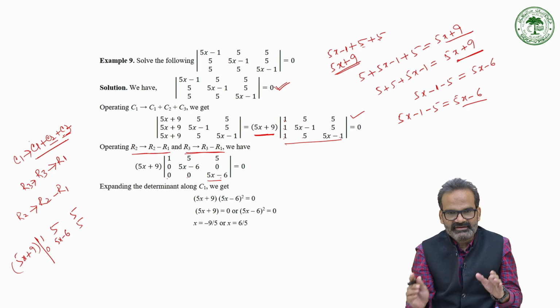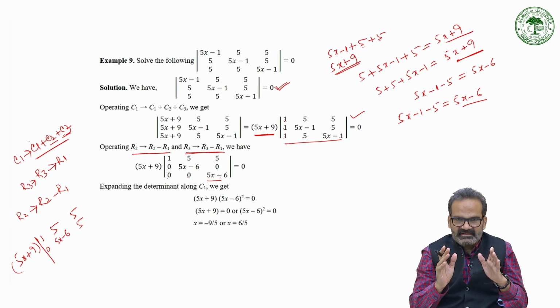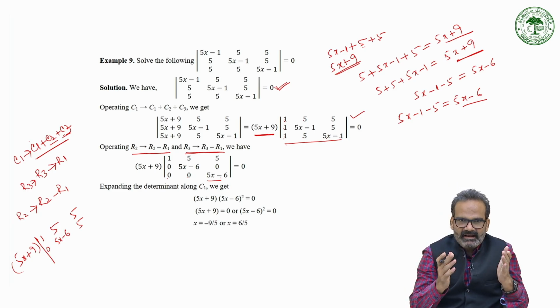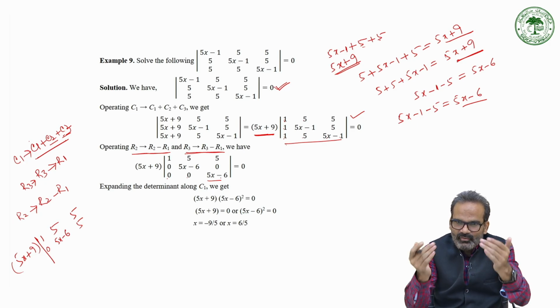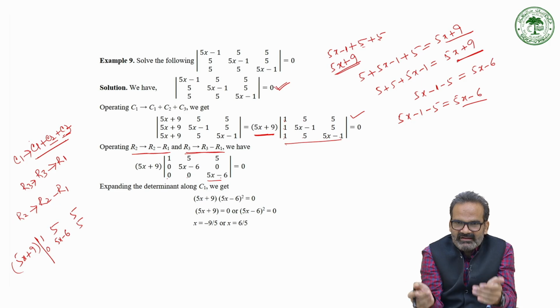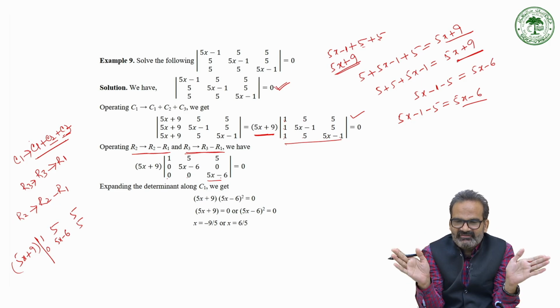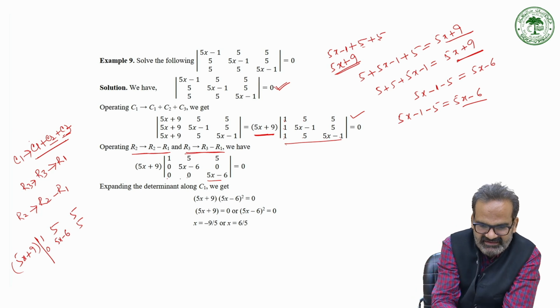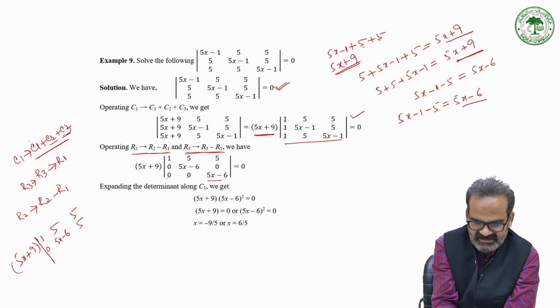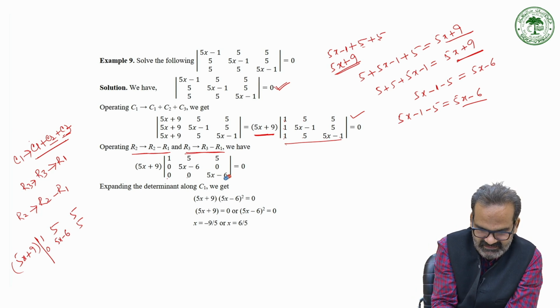Clear? We have used in fact two operations: R2 minus R1 means we are subtracting row 1 from row 2, and row 1 from row 3. So row 1 will remain as it is, row 2 and row 3 will change, and they have already changed. So this is the new determinant and this is equal to 0.